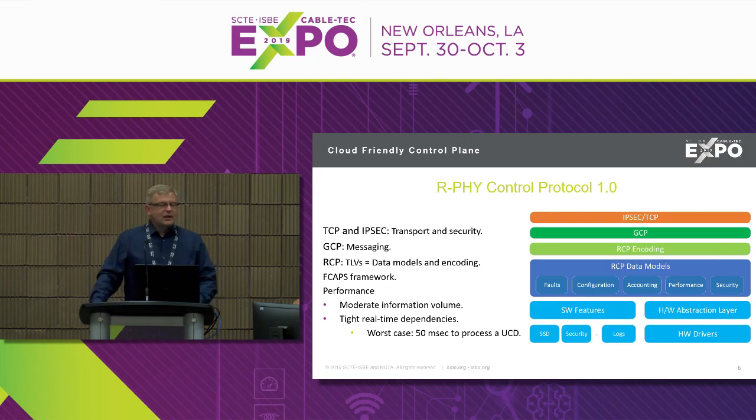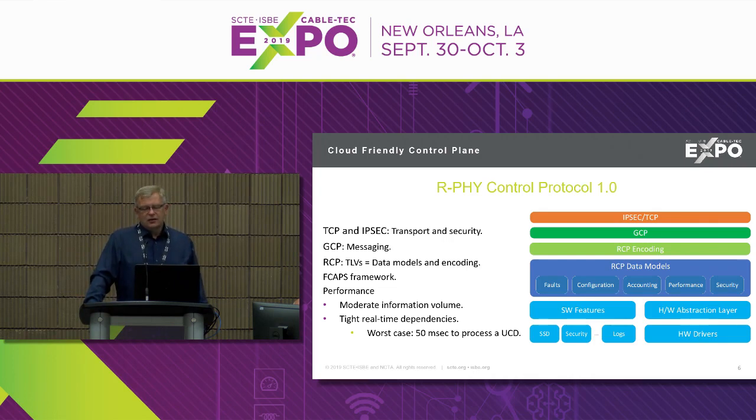Let's discuss the technical details of the Remote PHY control protocol, the 1.0 control protocol. It uses TCP and IPsec for transport and security. It uses the General Control Protocol, GCP, for messaging. It relies on RCP for data models and encoding. These data models and encodings are defined in DOCSIS-like TLVs.